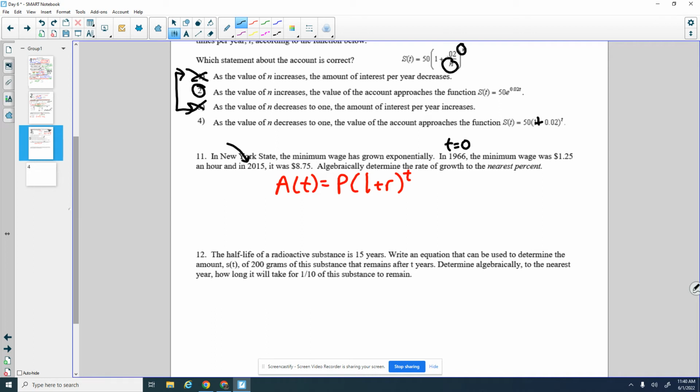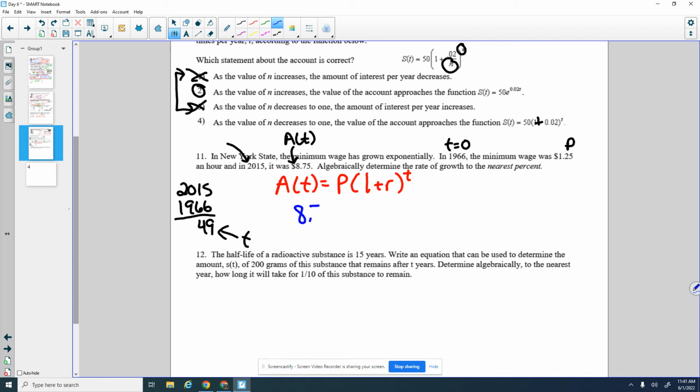2015, if I subtract the years, I get that that's 19 years, okay? So we're starting with 1.25, we're ending, so we're going to plug that in for A of t, with 8.75. Our time is 19 years, and we're going to look for something related to the r.